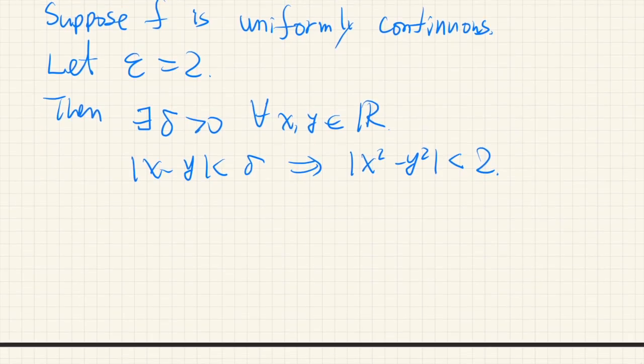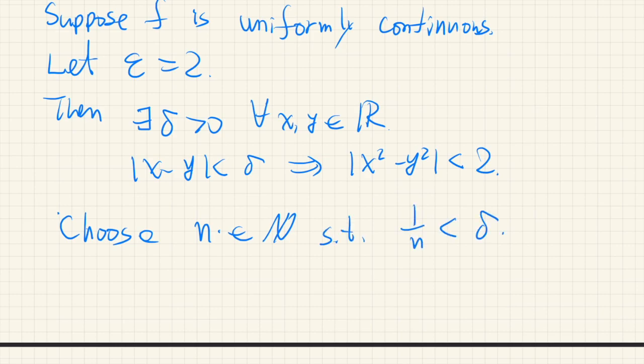Now, for a sufficiently large natural number n, choose a natural number n such that 1 over n is less than delta. Now, we are guaranteed that this delta exists such that this holds, right?